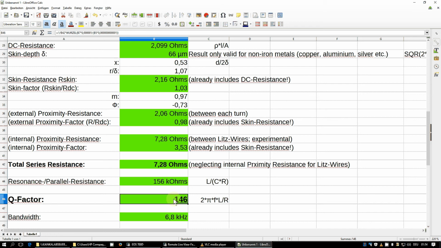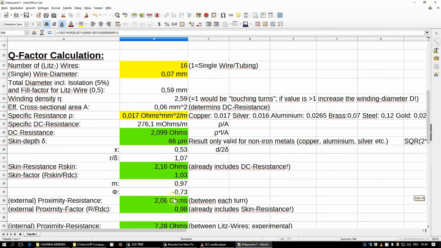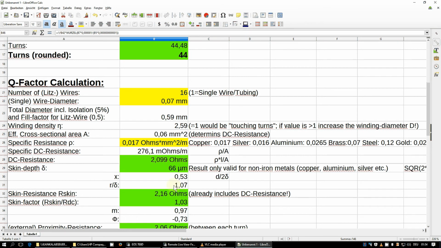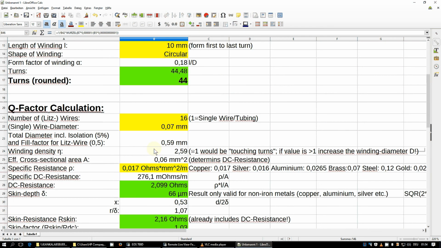So as a final effect, let's try if we can change our values here so that we can evaluate the external proximity effect.